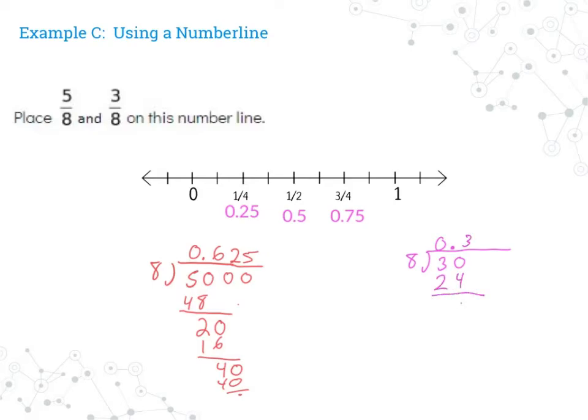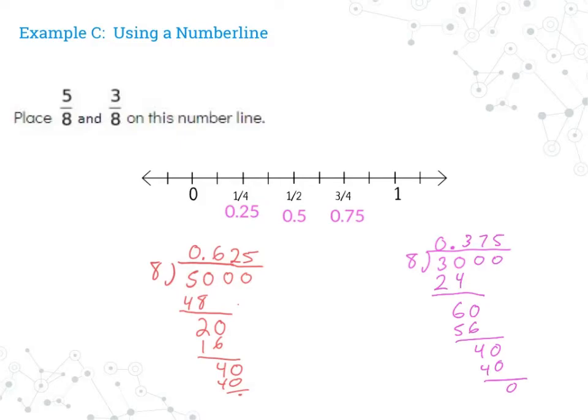Bring down my 0. 8 doesn't go into 6, so I'm going to need another 0. 8 does go into 60 7 times. 8 times 7 is 56. Bring down my 0. I need another 0. And 8 does go into 40 5 times, as we did in our last problem, and I've got 0.375.